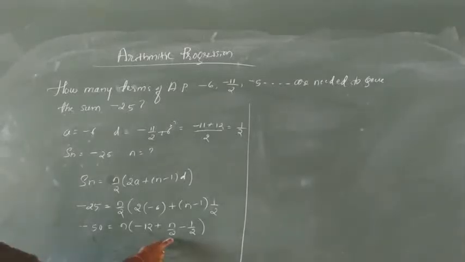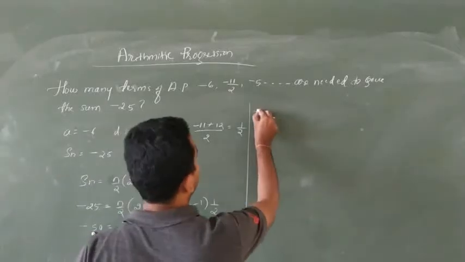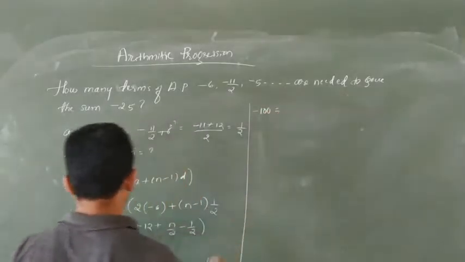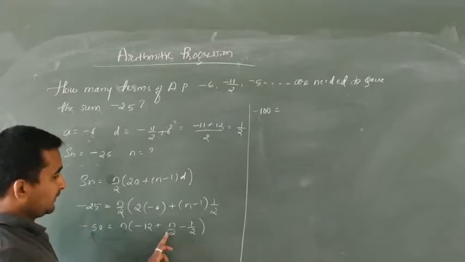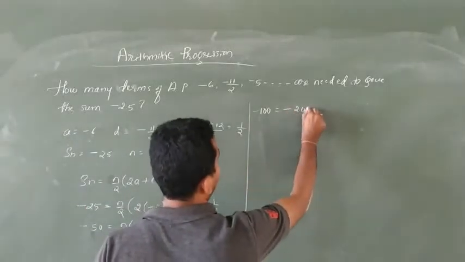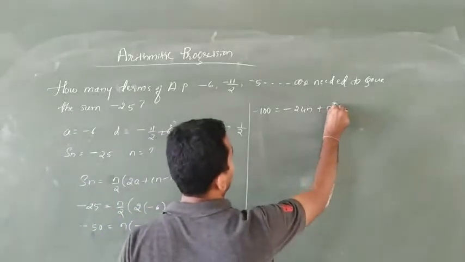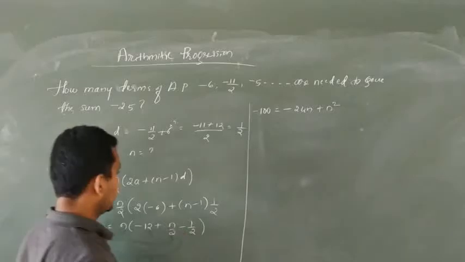I will take 2 as the LCM, so now it is minus 100, and I will take this n inside the bracket: 2 12s are minus 24n. So n is common, then n square, then minus n.